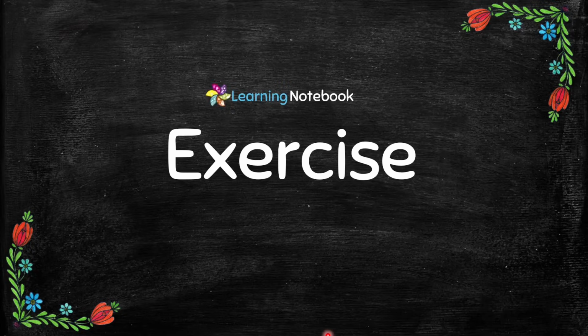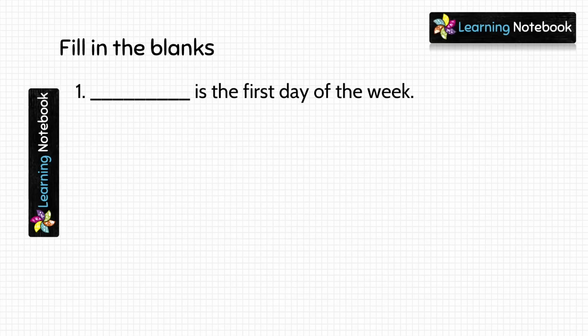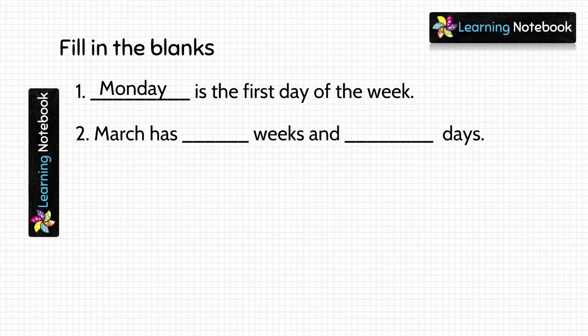Now let's do some questions based on calendar. Fill in the blanks. Question 1 is, dash is the first day of the week. Which day is the first day of the week? Yes, Monday. Now second question is, March has dash weeks and dash days. We know March has 31 days.